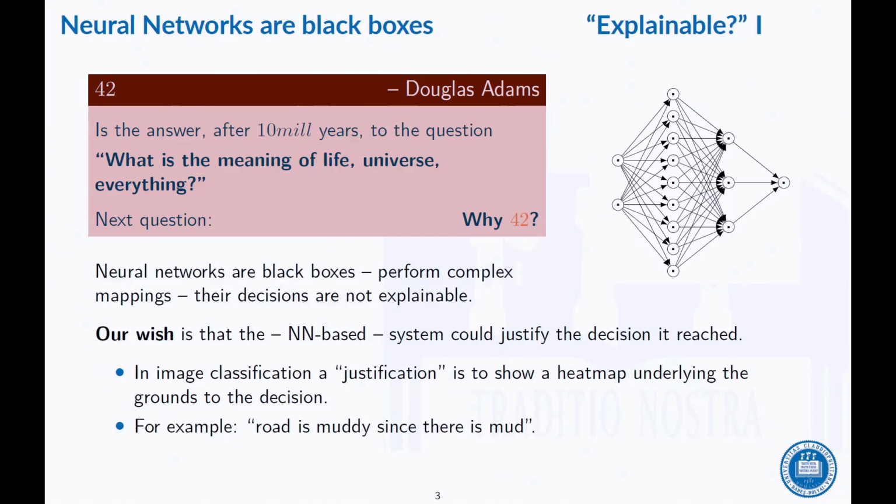Everyone knows the number 42, the greatest number of all. It is the answer to the question, what is the meaning of life, the universe, and everything. The computer said 42 after 10 million years of computing.